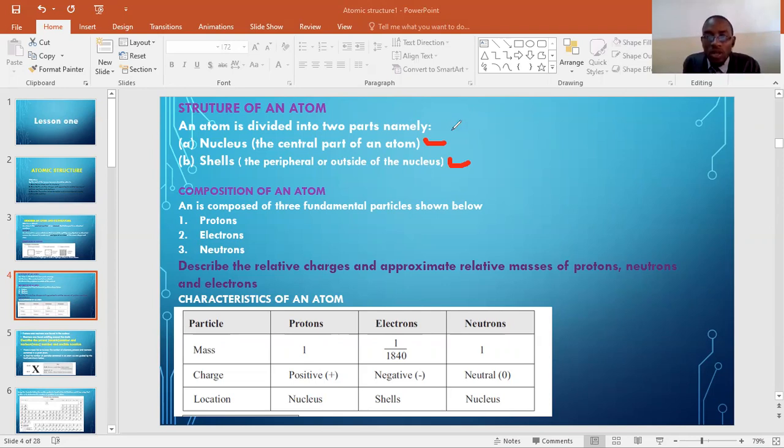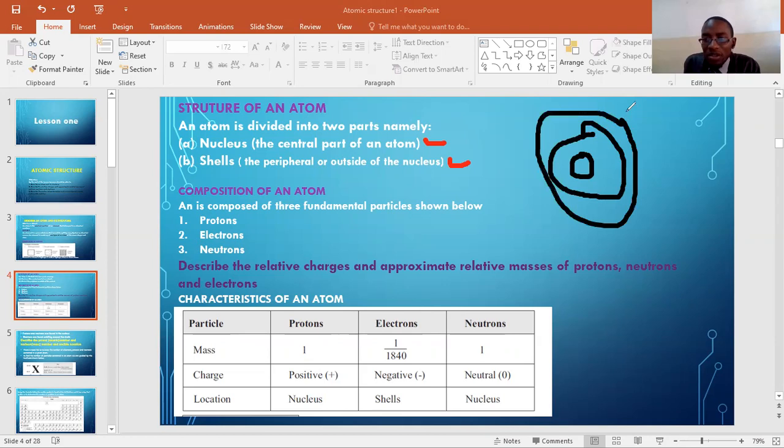So when we look at this atom, we have the nucleus at the center, and then it is surrounded by, I might not be accurate on the drawings, but surrounded by the shells.